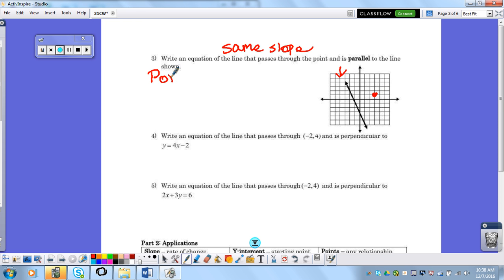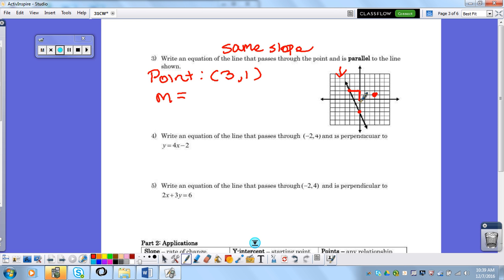So the point that I have is, all right, go over 1, 2, 3, (3, 1), and your slope is, okay, now we have to have the same slope as the line that is right here. So you're going to pick two nice points that are easy to see the slope. This one's a little challenging, sorry guys.